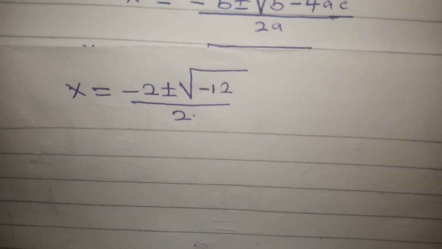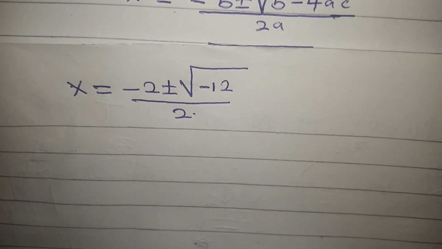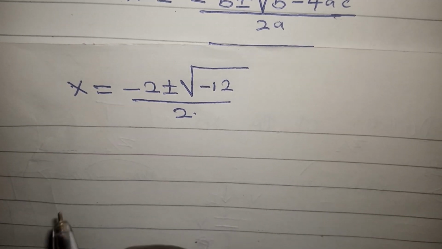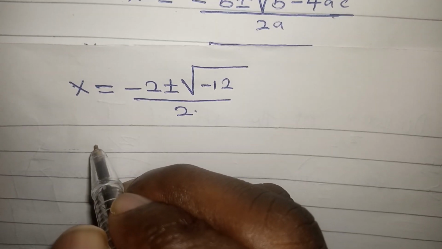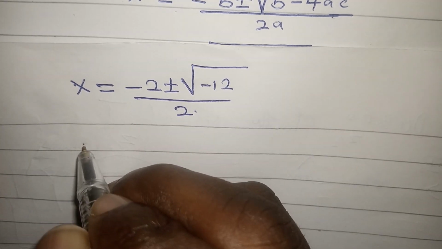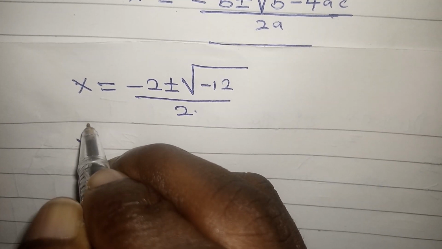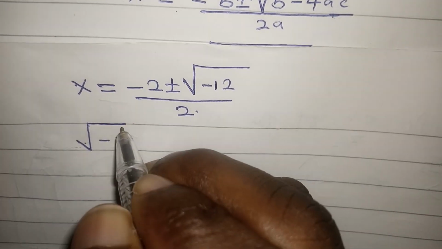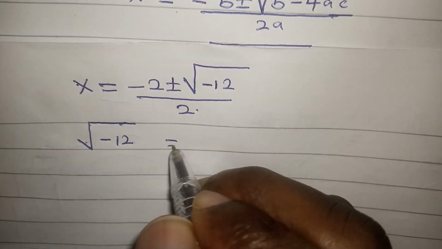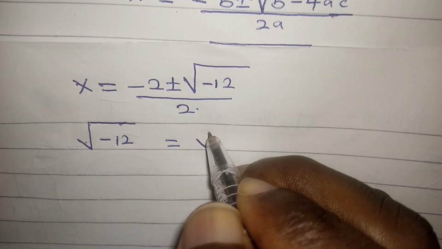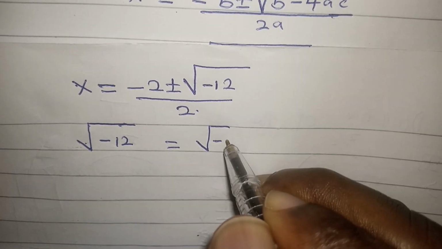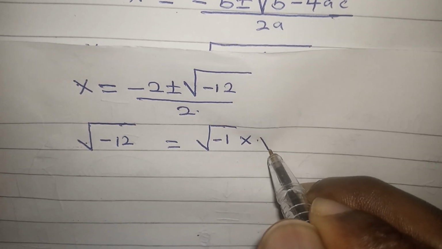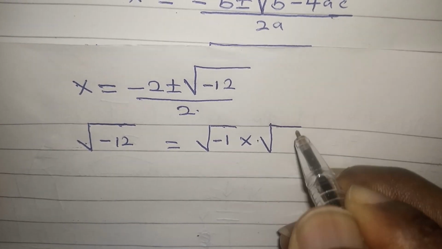Since we are now having this, we are going to note something here: that the root of minus 12 is equal to the root of minus 1 times the root of 12.